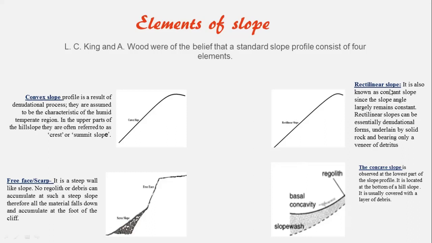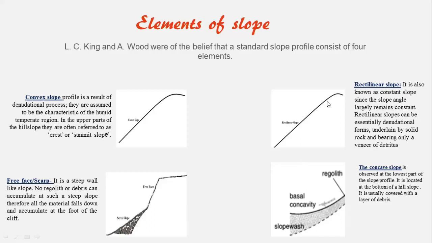Then we have the rectilinear slope. So this lies below the cliff or below the free face. This is also known as the constant slope. Why constant? Because the angle remains constant. Again, this is a denudation form, and in certain cases, we find a very thin layer of detritus.